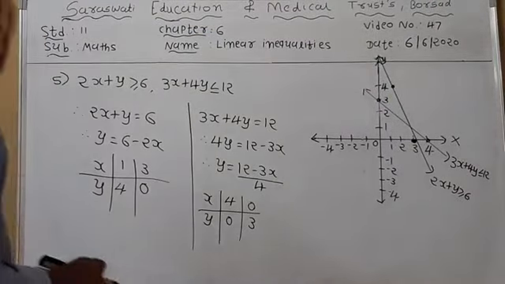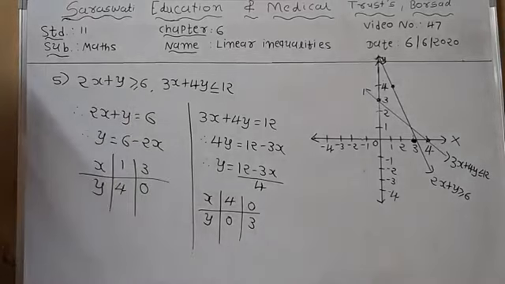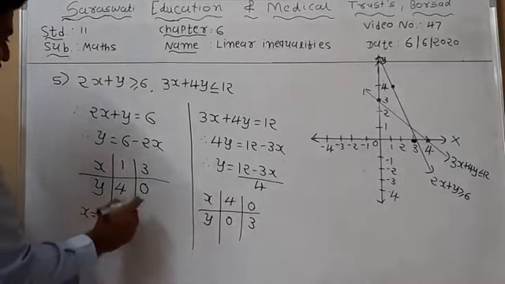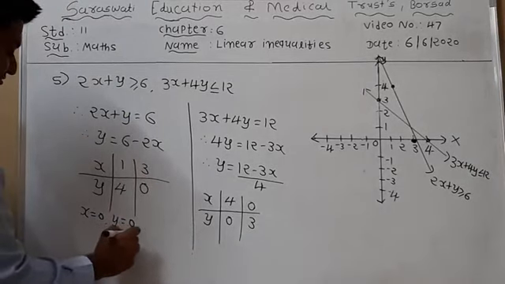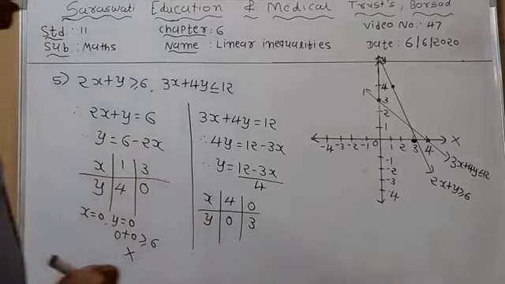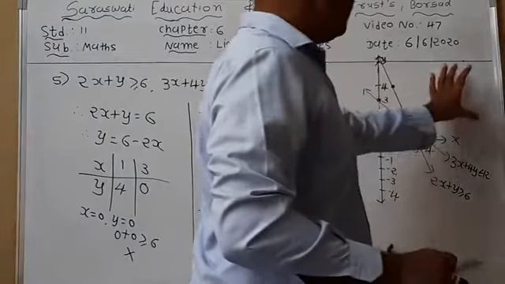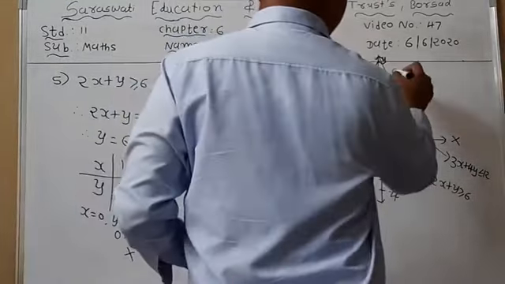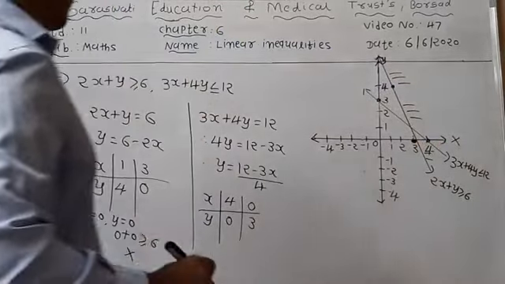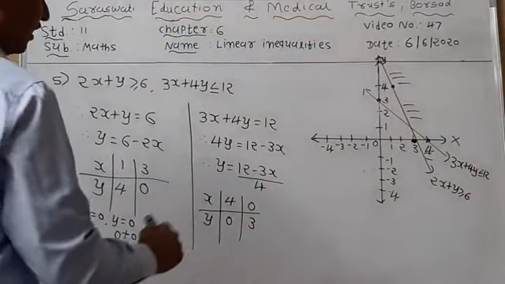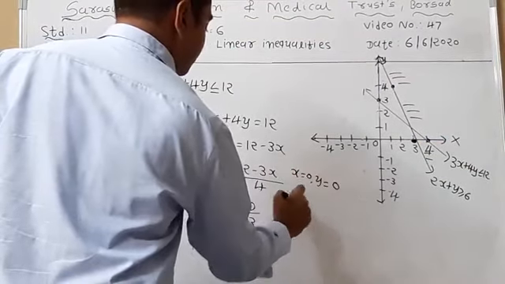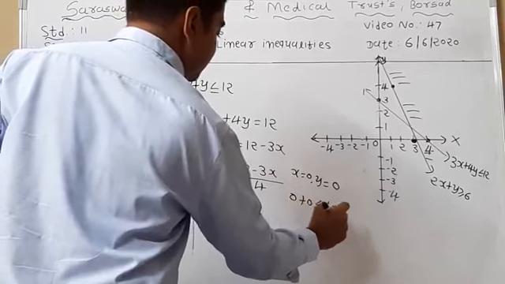Now on which side do we draw the shaded portion? Put 0 for x and 0 for y. For the first inequality this condition is wrong, so the shaded portion goes on the side opposite the origin. For the second inequality, x is 0, y is 0, so 0 plus 0 less than or equal to 12.